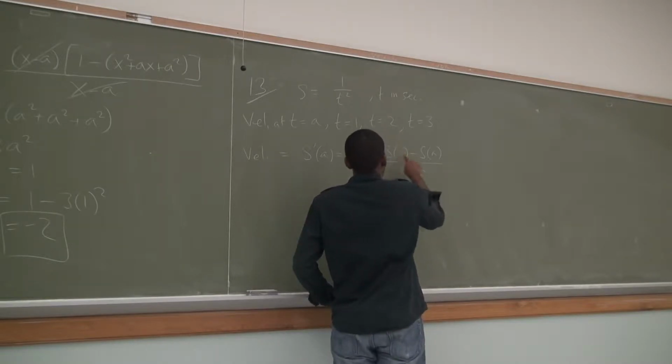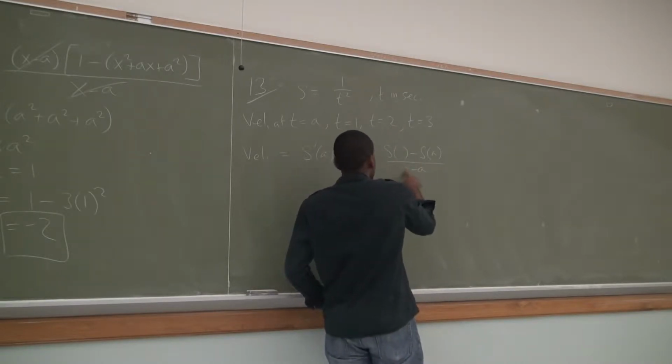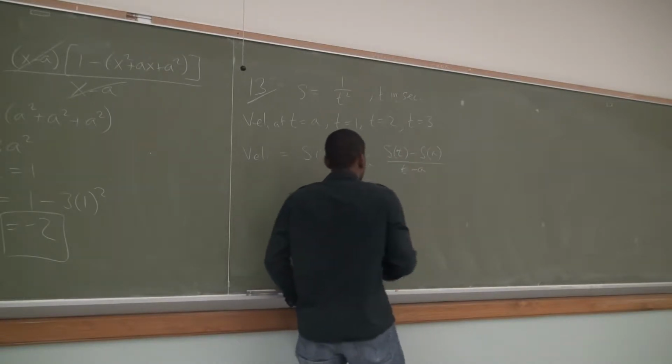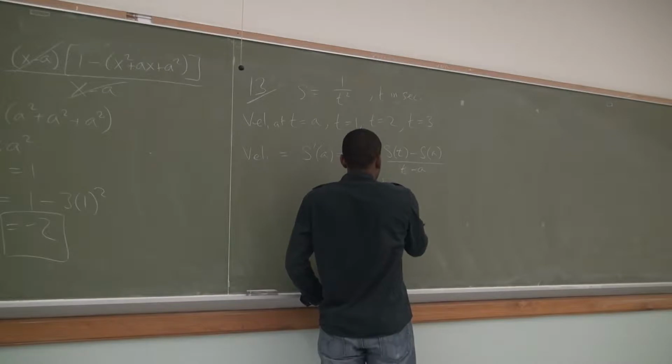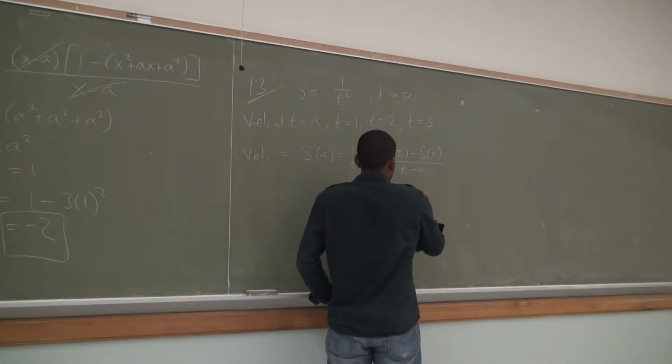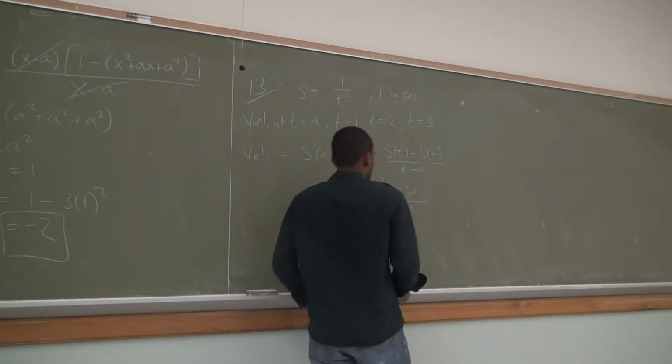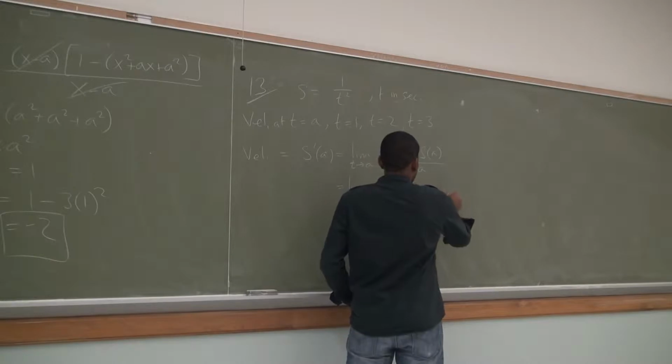Well, let's use t. So this is 1 over t squared minus 1 over a squared, over t minus a. And the LCD here is t squared a squared.